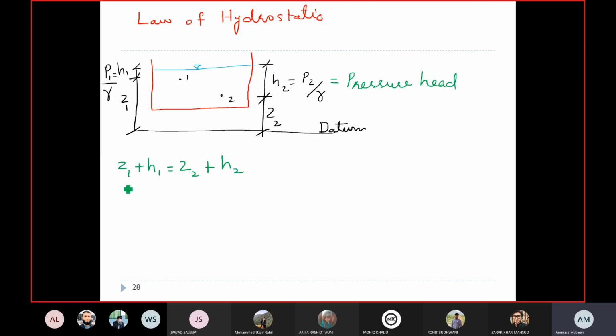Z1 is the elevation head at point 1, H1 is the pressure head at point 1. So sum of elevation head and pressure head is constant according to this law. Okay, so this is law of hydrostatic applied to static fluid.